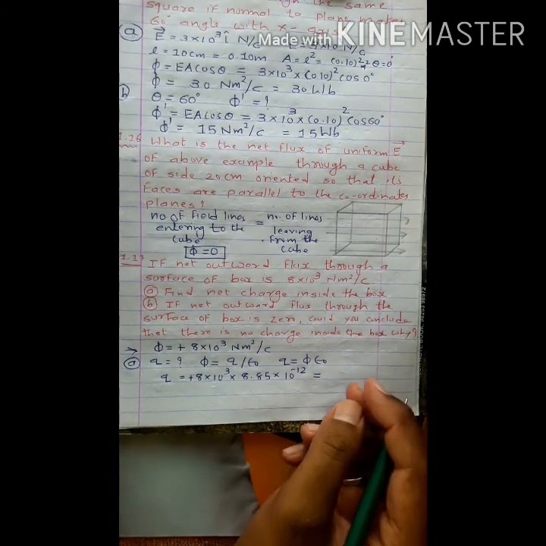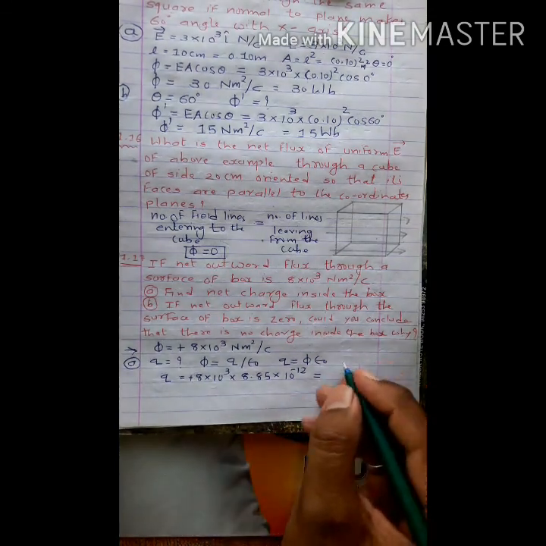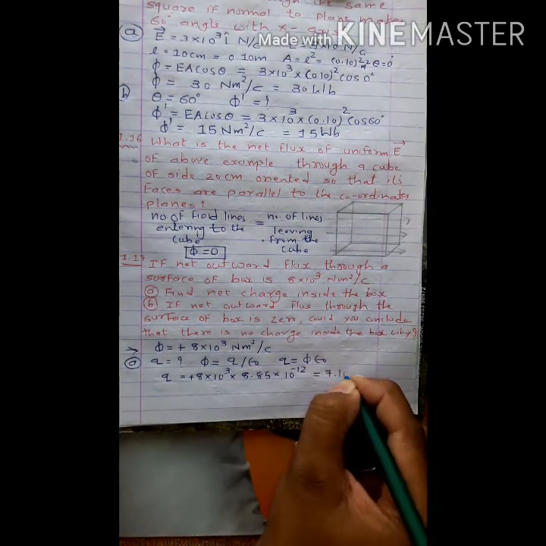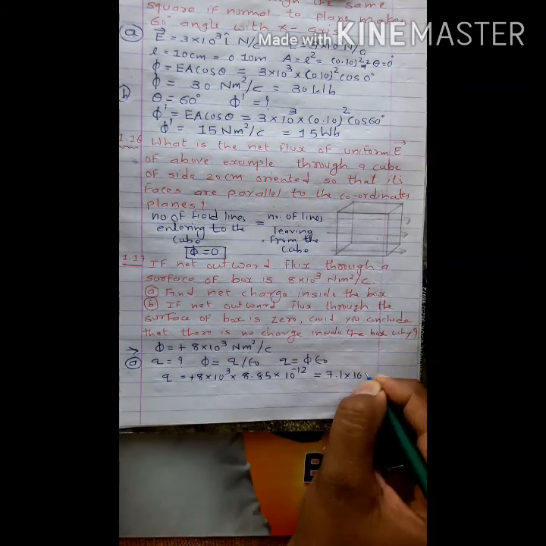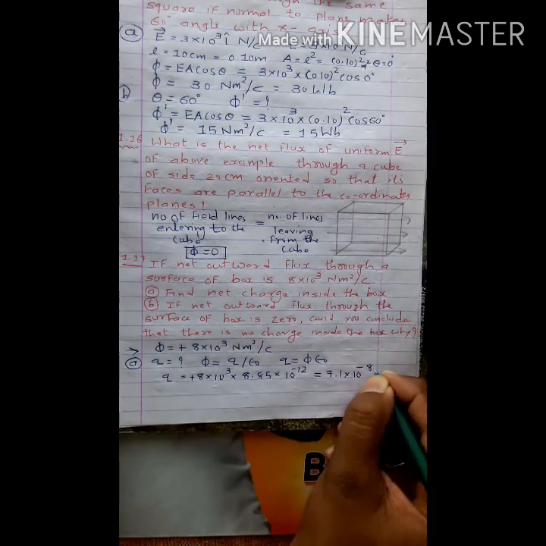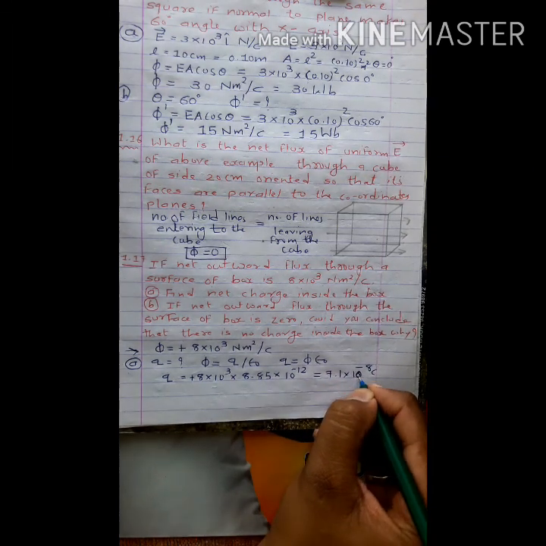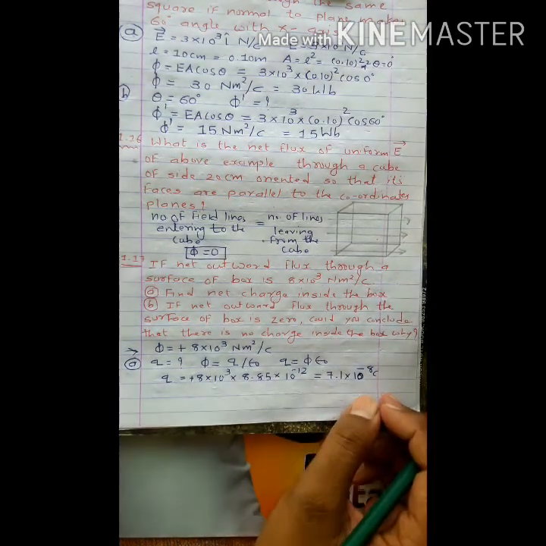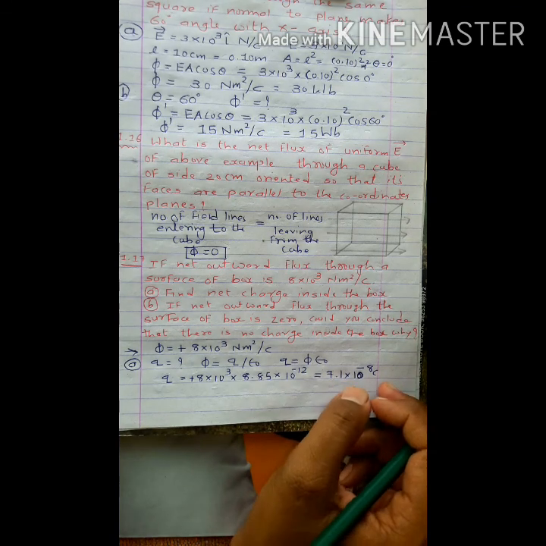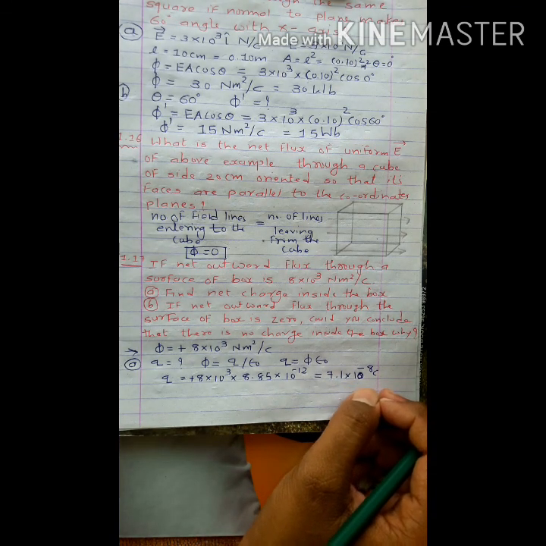Now try to solve this. So our answer is 7.1 into 10 to the power minus 8 coulomb, and this is a positive charge. So the charge enclosed inside the box is 7.1 into 10 raised to minus 8 coulomb.